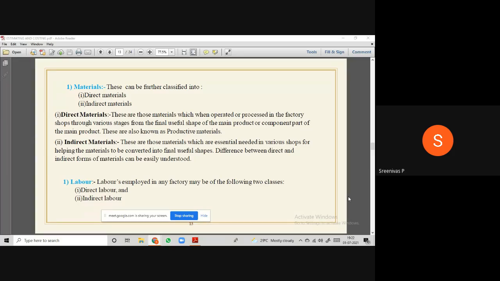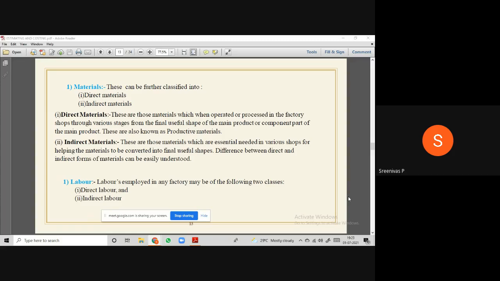Next, indirect materials are the materials which are essentially needed in various shops for helping the materials to be converted into the final useful shapes. So what is the difference between direct and indirect materials?